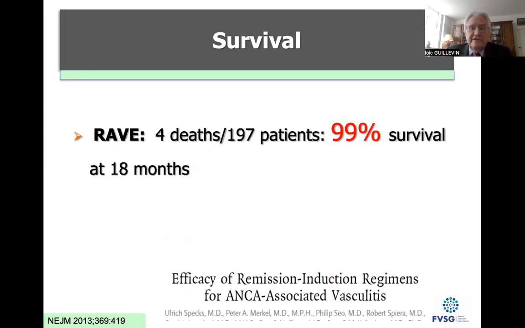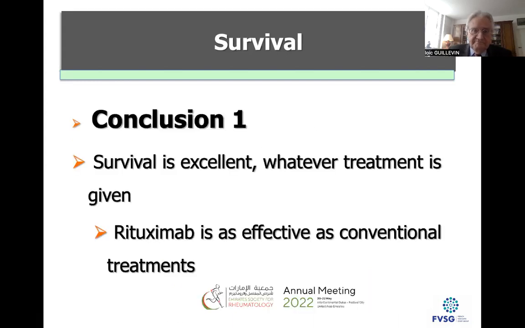And in the RAVE study, which is the first study published on the indication of rituximab as induction treatment, 99% of the patients survived at 18 months.